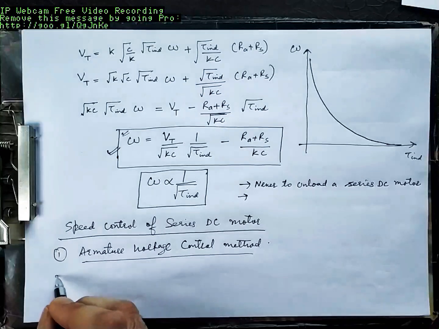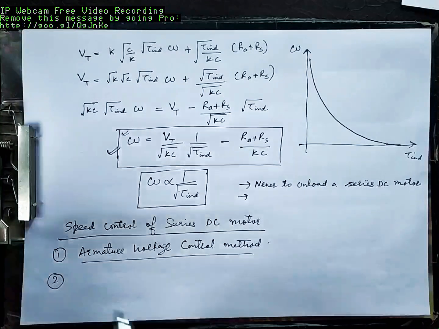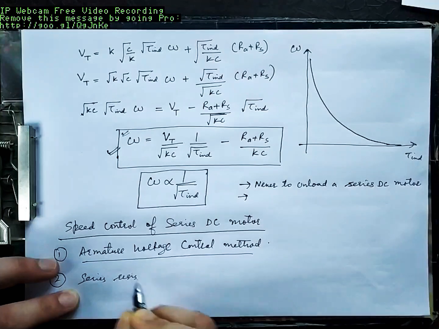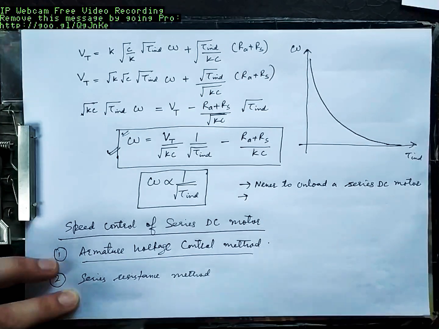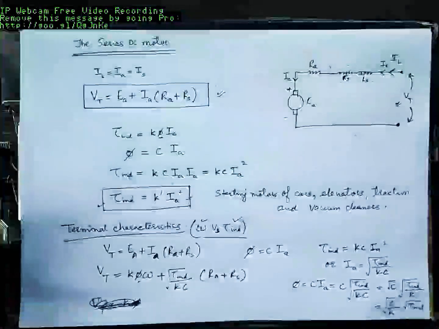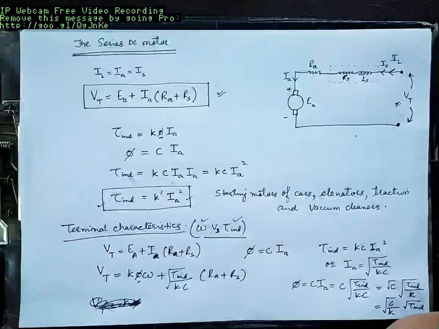You can also use the series resistance method. You can insert a resistance here in series, like we did in the armature resistance method. But again, since that is a wasteful method, you are basically wasting the energy in that method.